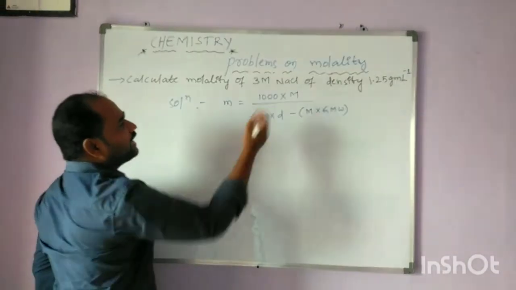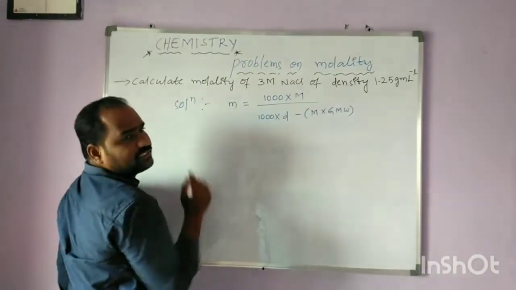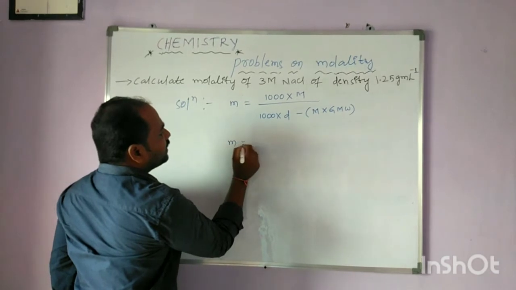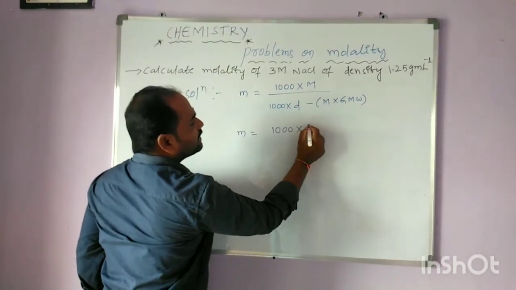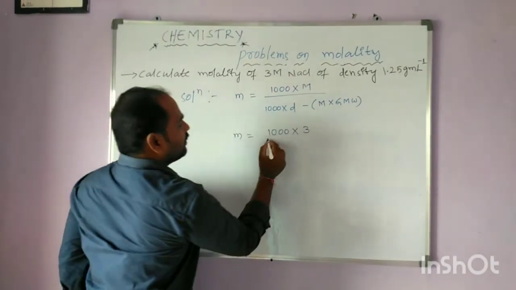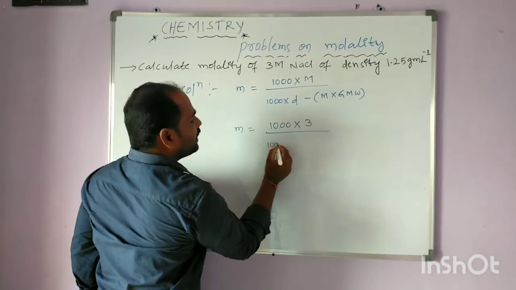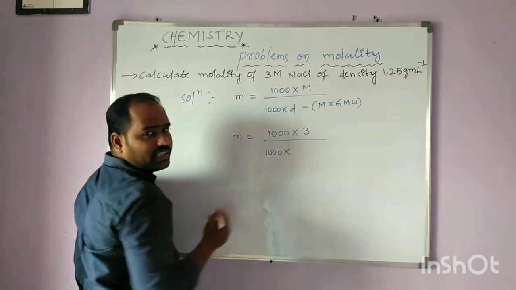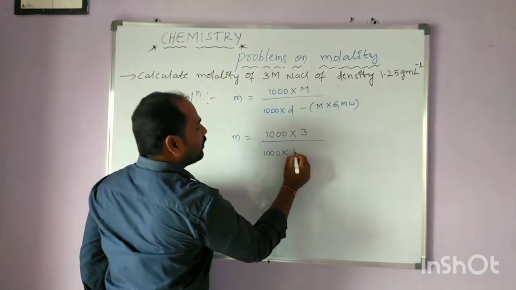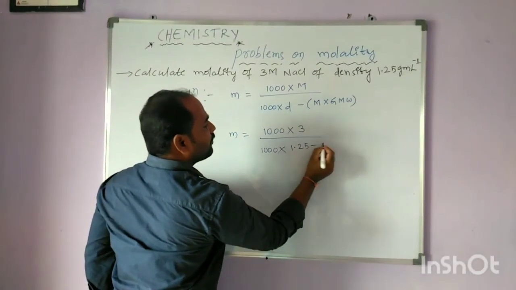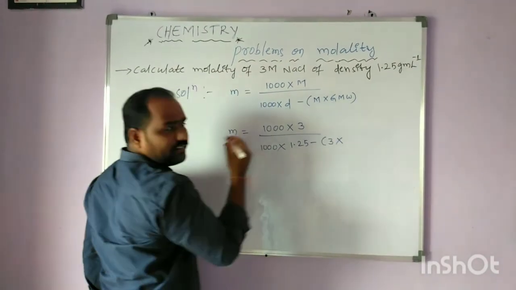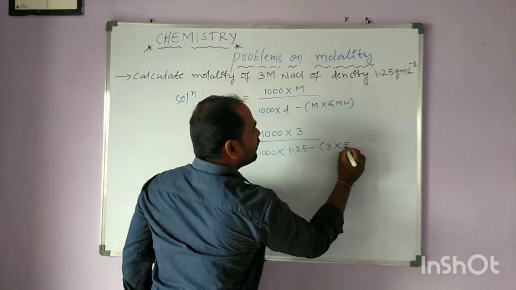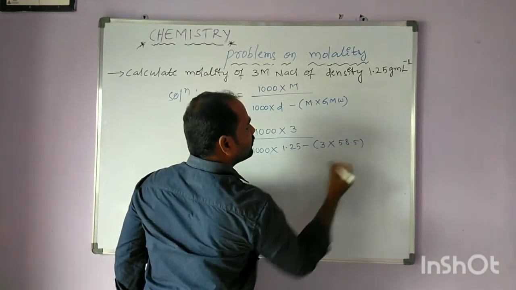How much molarity is given in that problem? 3 is given. Small m is equal to 1000 into molarity, that is 3, by 1000 into the density of the solution, how much is given? 1.25 is given, minus molarity 3 into the gram molecular weight of sodium chloride, 58.5.